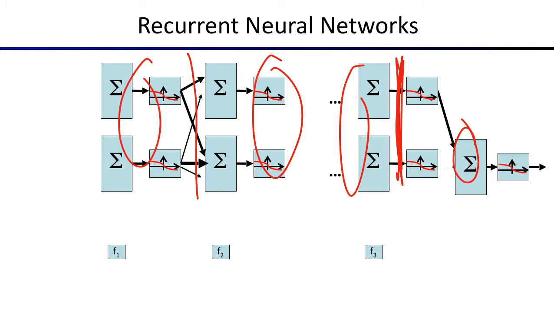This turns out to be really useful for a lot of sequence modeling tasks. So in language modeling, for example, or things that we do with natural language generally, things that we do with time series, you can use this recurrent structure where you're tying weights together across time. And that's also just a useful structural bias to impose on the network.